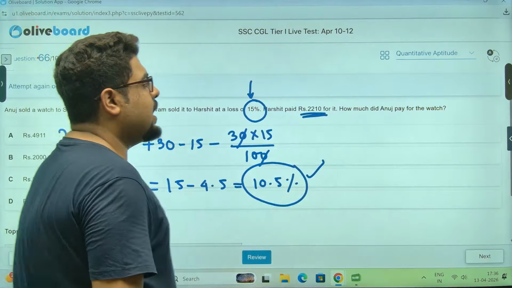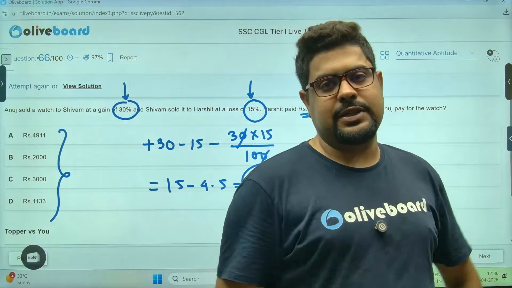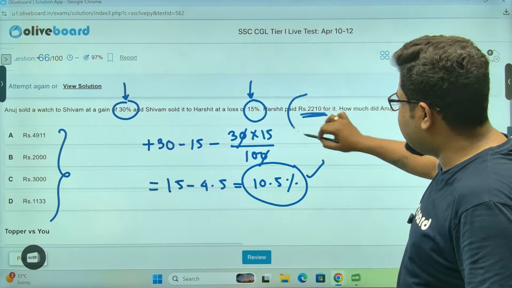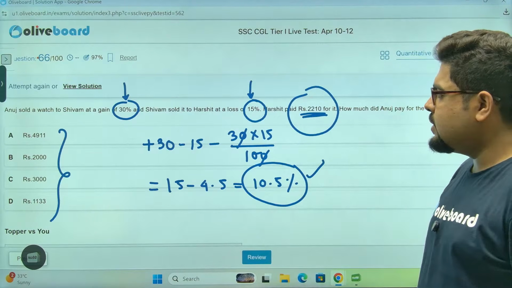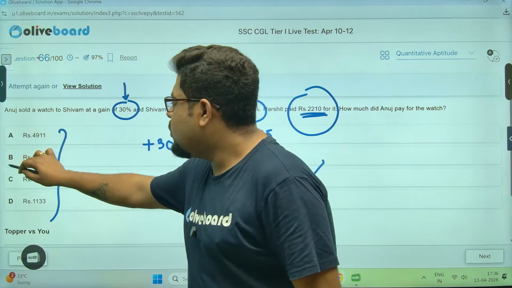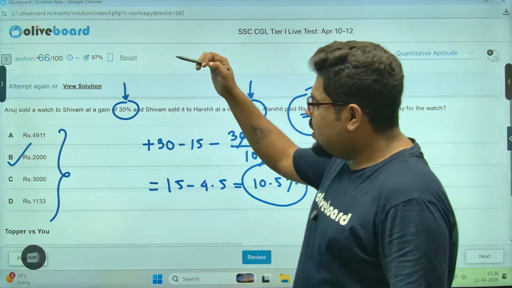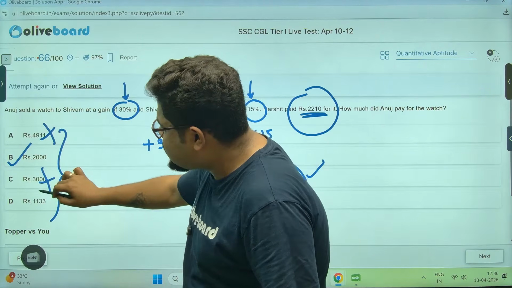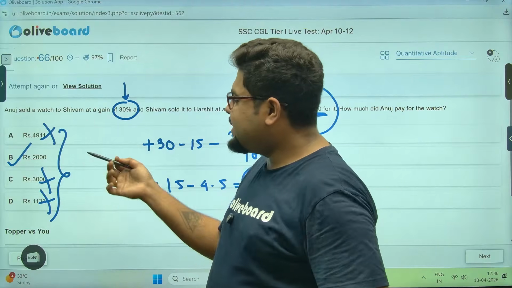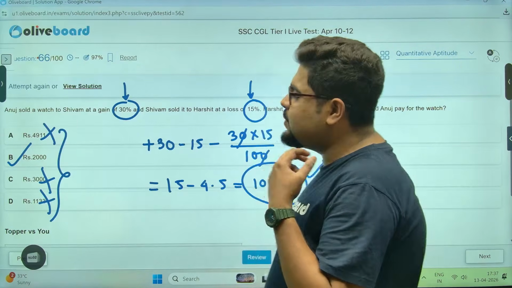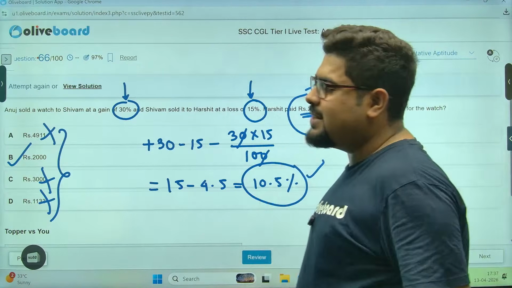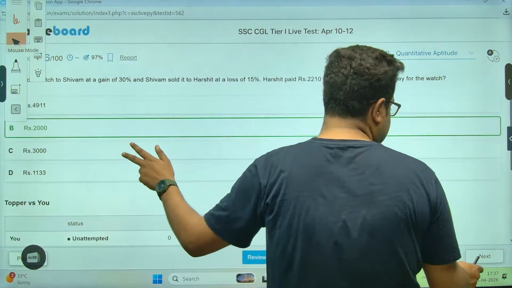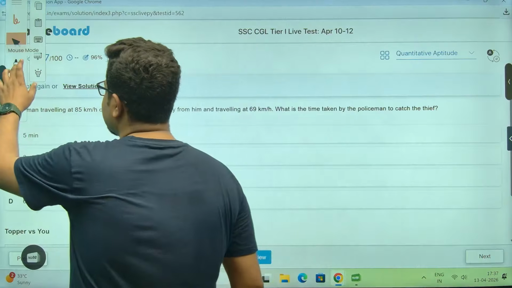Anuj will pay around 2000 rupees, and 10% on top of that will become around 2200. Only option B can be close to the answer; the others are too low. So I don't even have to do the entire question. Done and dusted.